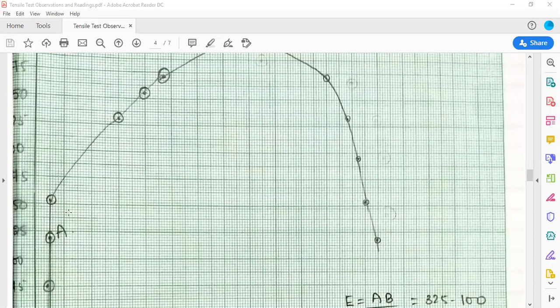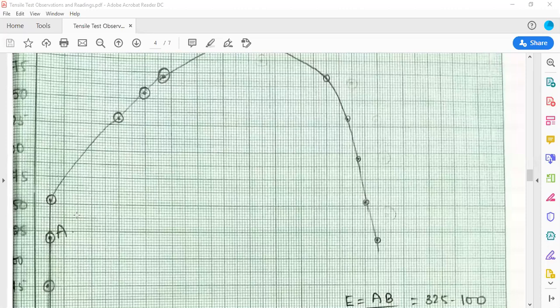After that, for a particular point, the strain will increase whereas the load will be constant. At a constant load, there will be deformation in the specimen. That will be noted as a parallel line, that is, a constant line.